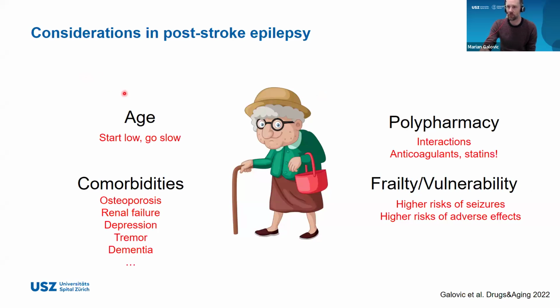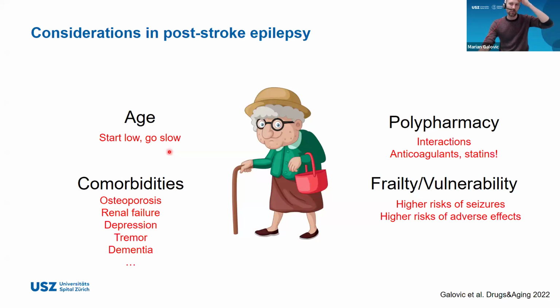Because of the typically higher age of these individuals, their clearance may be reduced by around 25 up to 50%, so usually around 30% reduced clearance. So you want to start low and go slow with your medication. Otherwise, you may reach toxic doses quite quickly. And also, as we saw in post-stroke epilepsy, usually quite low doses of medication are enough. Now, looking at comorbidities, there's a high risk of osteoporosis or renal failure, depression, tremor, dementia.